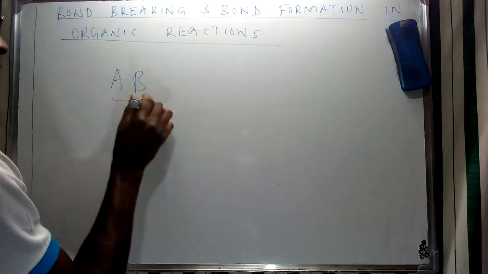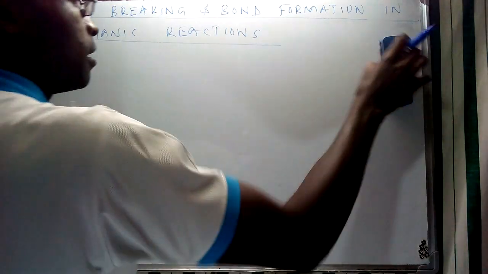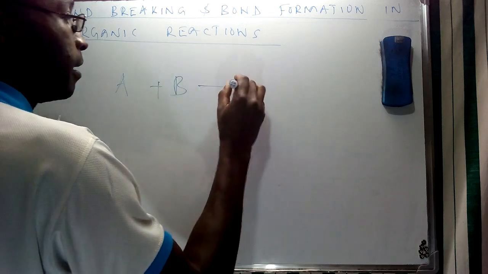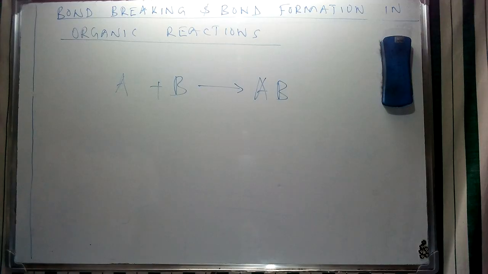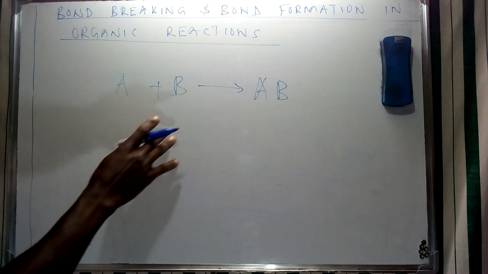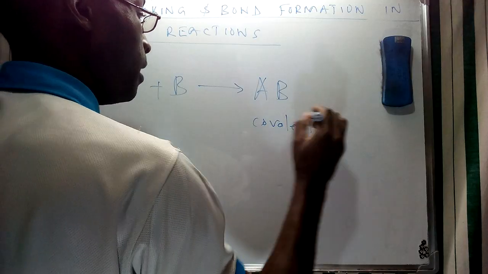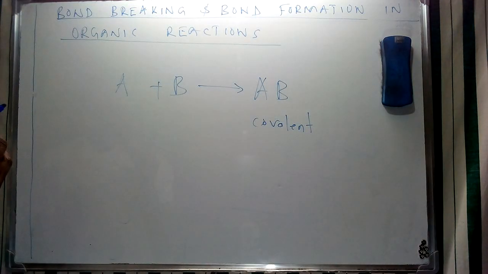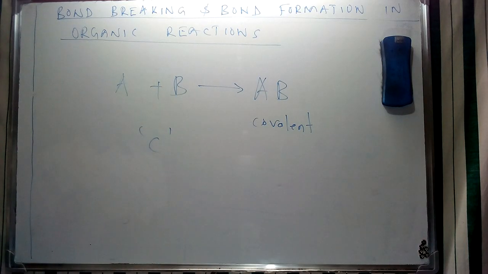So in case we have two different atoms, A and B, joining together, these are going to form a product AB. If this was an organic reaction, then this is going to be a covalent kind of bonding, if we narrow down to our main element in organic chemistry, which is carbon.